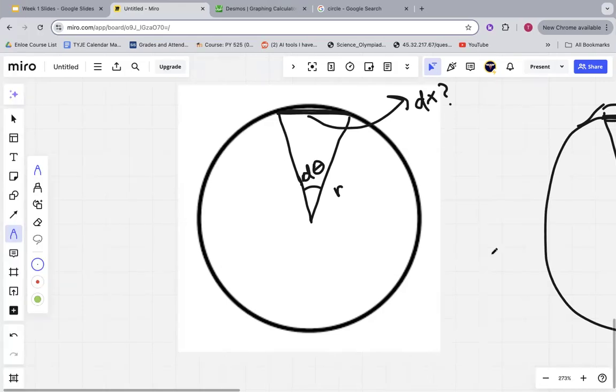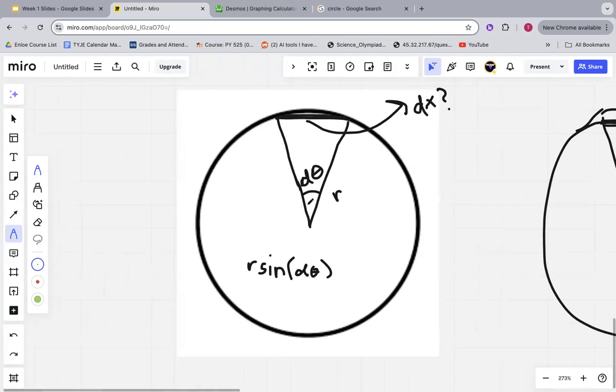A common response I got was r sine of d theta, which is correct and actually something I wanted to go over.